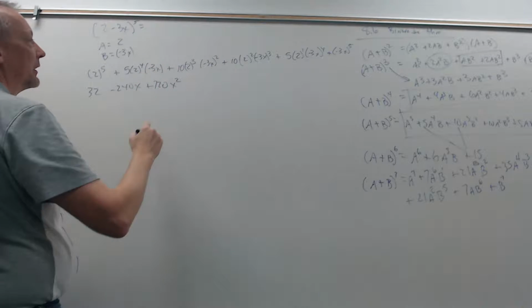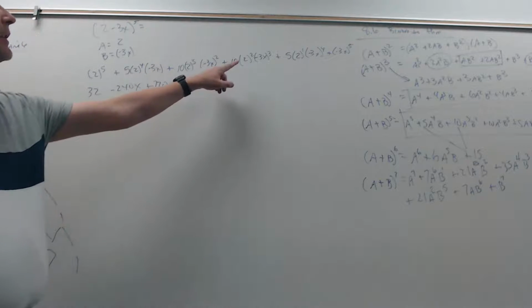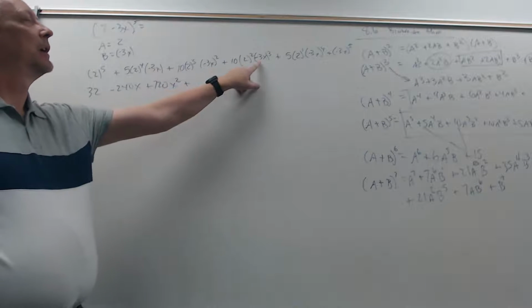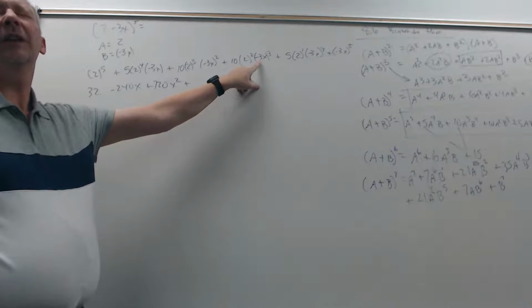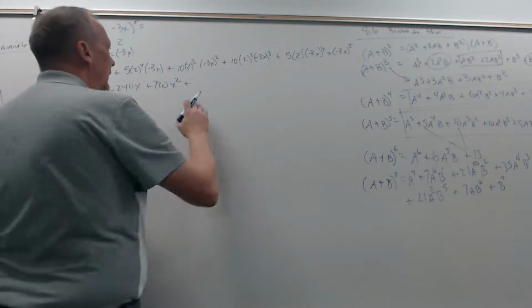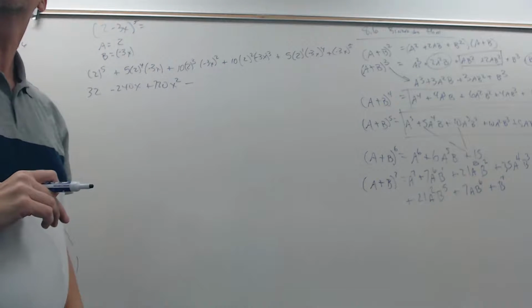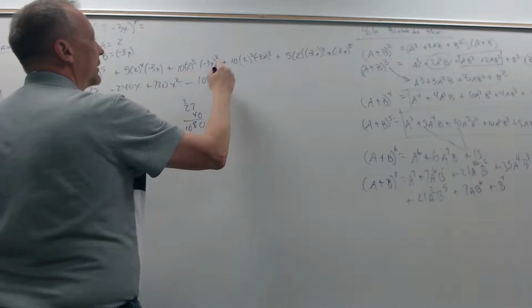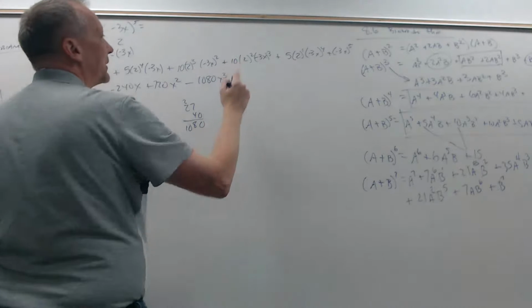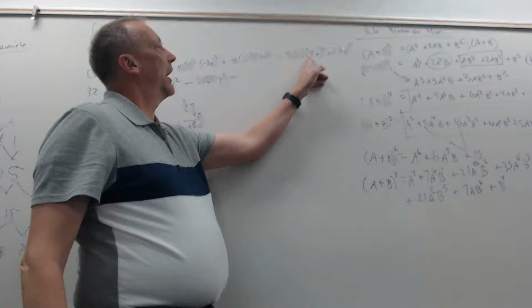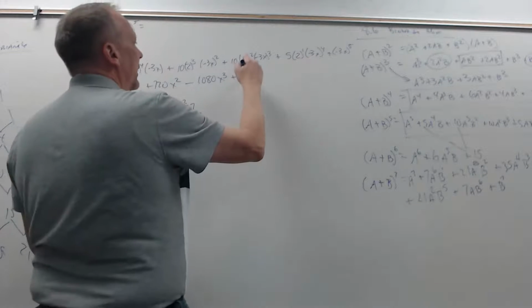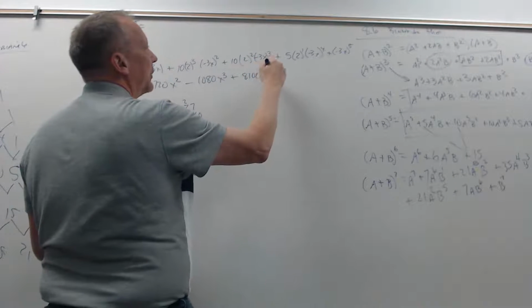Plus 2 squared is 4 times 10 is 40. Negative 3 cubed is negative 27. So that's going to be a negative. 27 times 40 is 1080, and it's negative 1080 x cubed, plus 81 times 10 is 810, so 810 x to the 4th.